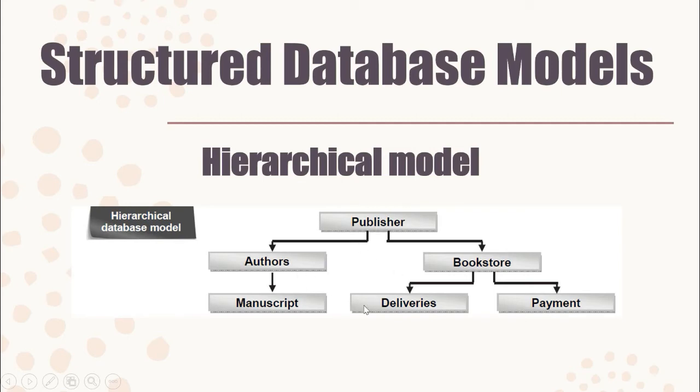So, sabi daw din sa hierarchical model, hindi daw ako pwedeng kumuha ng information with the authors, manuscript, deliveries, payment, bookstore, or kahit saang part ng iyong mga kapatid o kung sino man dyan sa iyong mga kapatid. Kanino daw ako kukuha ng information or data? Kay root, which is the father or the mother or your parent. Sa kanila lang daw ako pwedeng kumuha ng information.